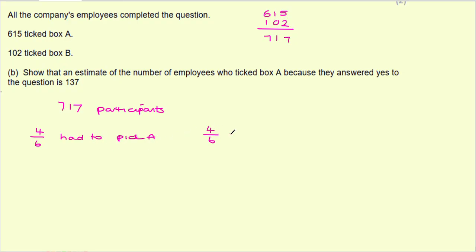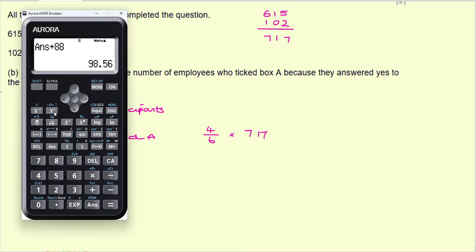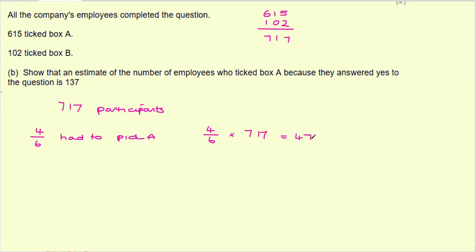So let's do 4/6 of 717. On my calculator, I'm just going to do 4/6 multiplied by 717, giving us an answer of 478 had to say yes, or tick box A, because they rolled a 1, 2, 3 or 4.